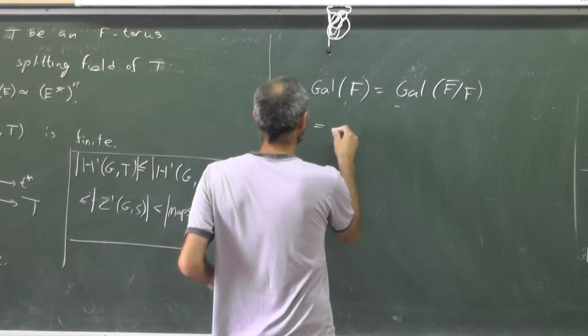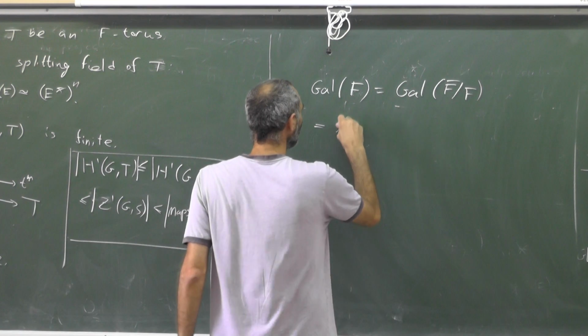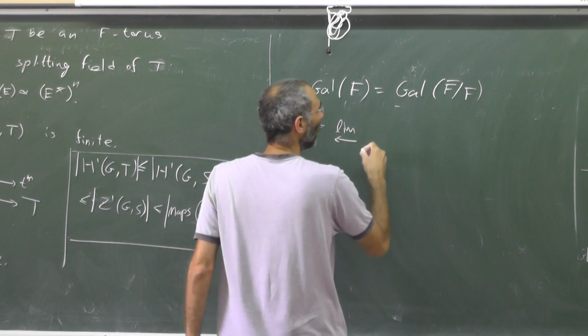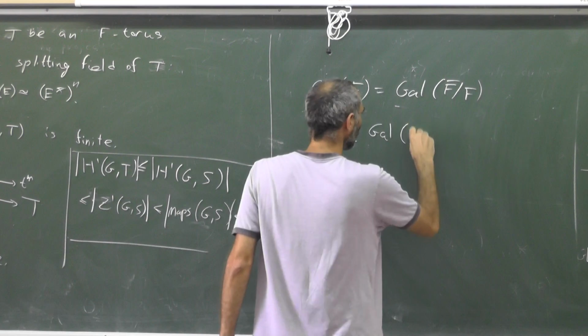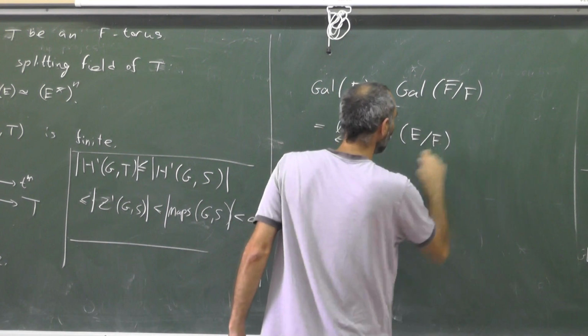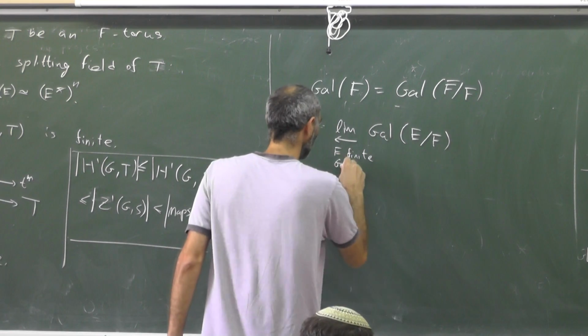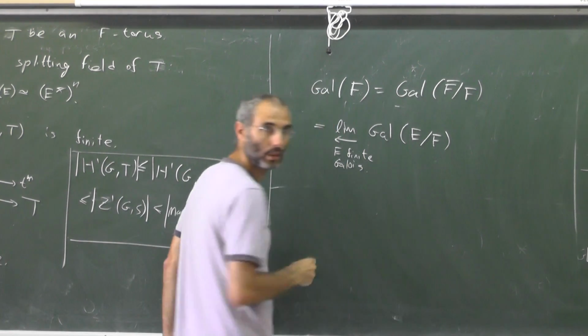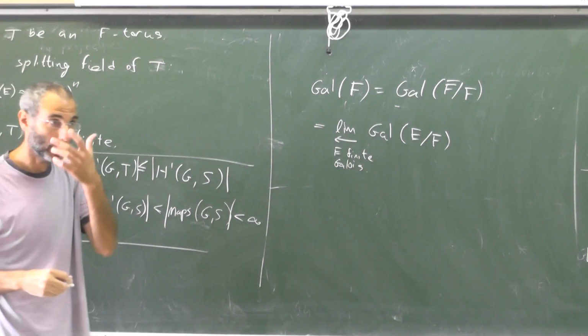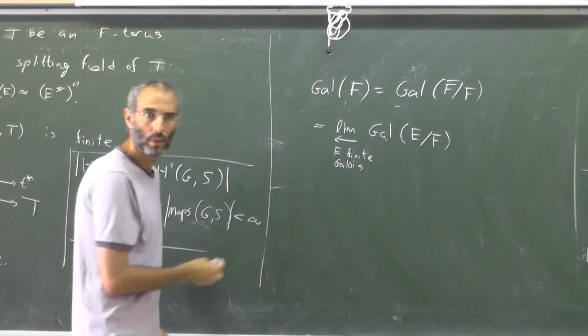And this is the inverse limit of the Galois groups of E over F, E a finite Galois extension. And naturally I have the structure of a profinite group.